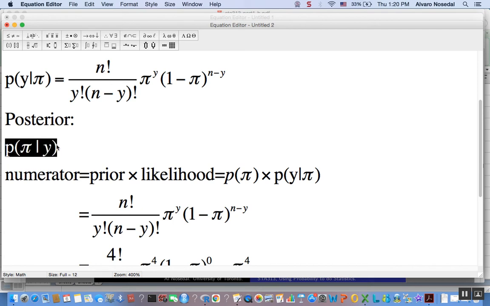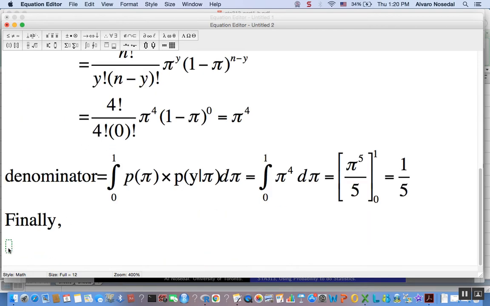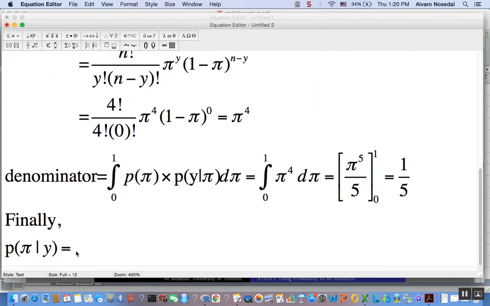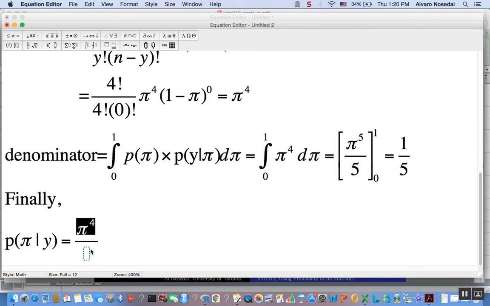This is our numerator divided by our denominator: pi to the power 4 divided by 1 over 5, so this happens to be just 5 times pi to the 4th power.